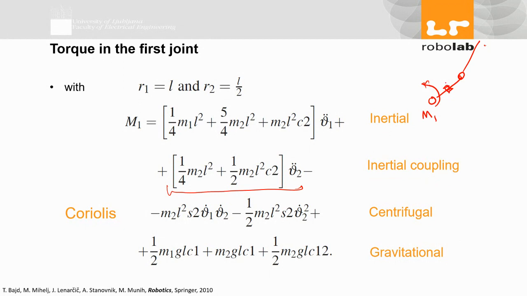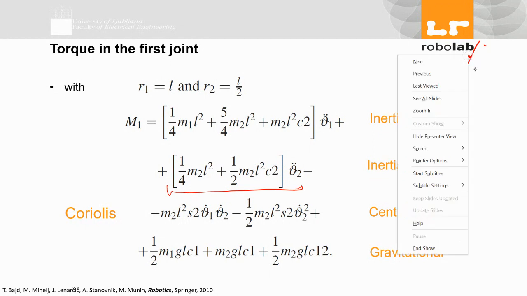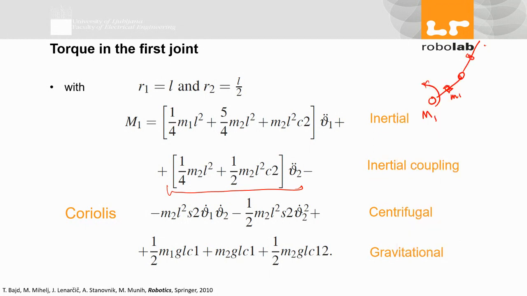One thing is moving this mass, and the other thing is also moving mass 2. Both are loads connected to the first motor. And that makes sense. When I have a robot arm, the robot arm base is sitting on the base, but when it moves, it has to move all the connections or the links to the end effector. So this is also inertial, but inertial because of the second one.